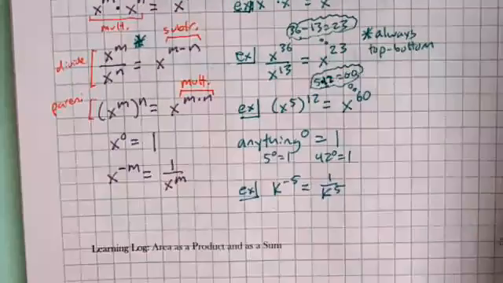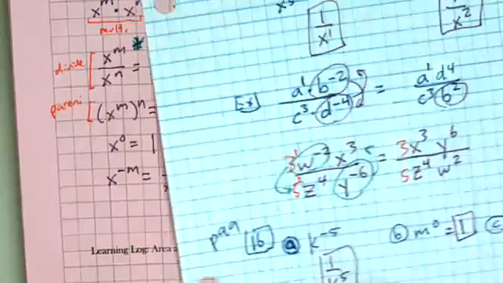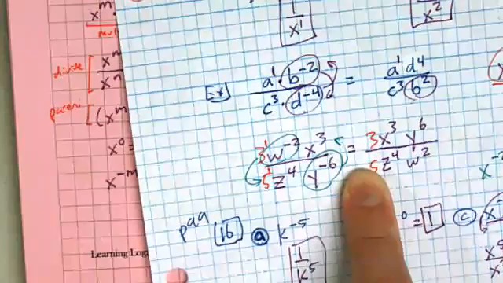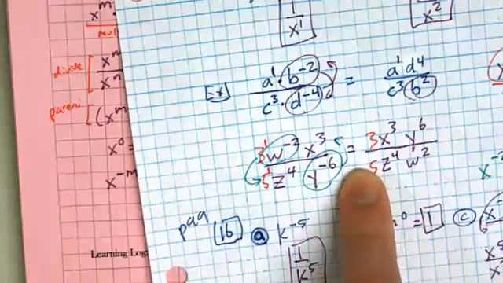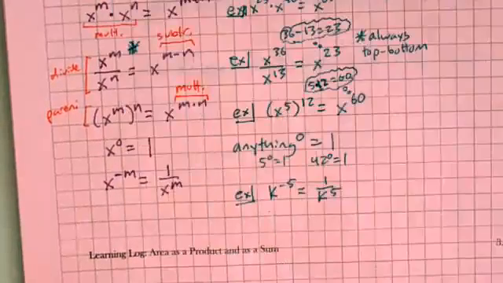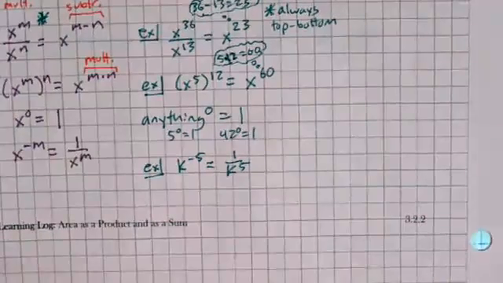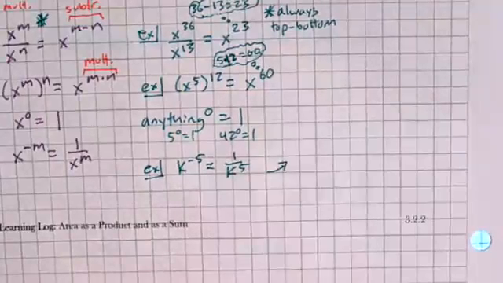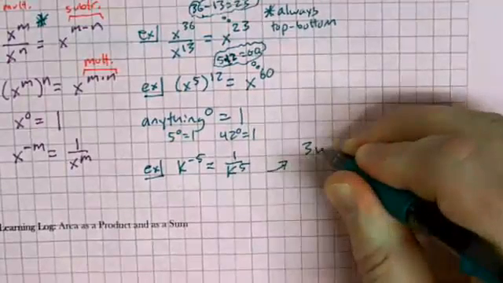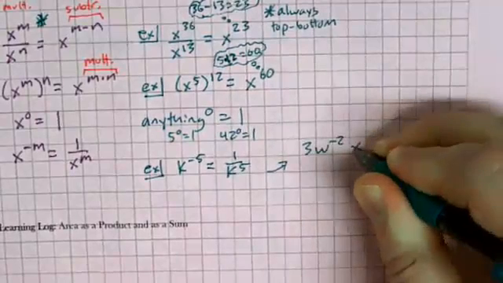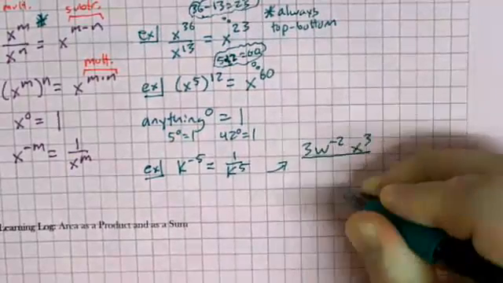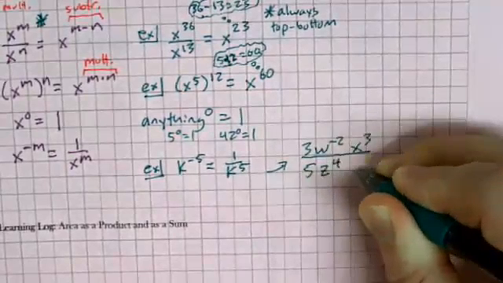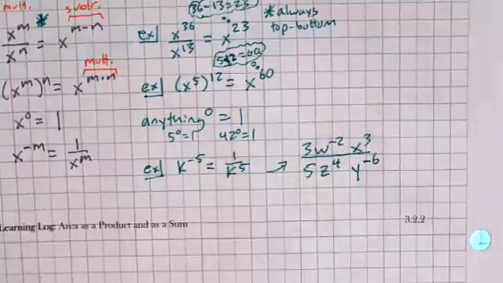And I'm wondering if it might be good to put one of these examples that we talked about off onto the side. I think I'm going to go with this last one that we did. This is another example of negative exponents. We had 3w to the -2 x to the 3rd over 5c to the 4th y to the -6.